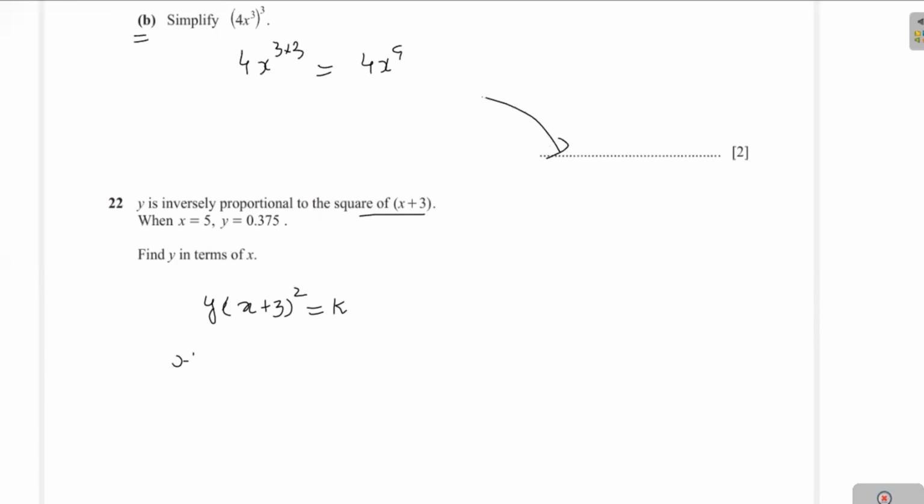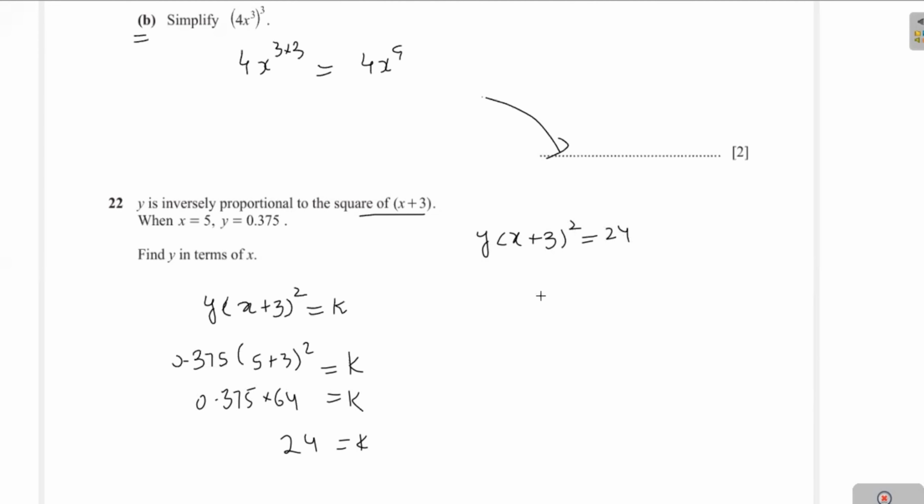Here y is 0.375 into (5 plus 3) whole square, which is 0.375 into 8 squared, which is 64. Therefore, k will be equal to 24. And this equation will be y into (x plus 3) whole square equal to 24. Then y will be equal to 24 over (x plus 3) whole square. This is the answer.